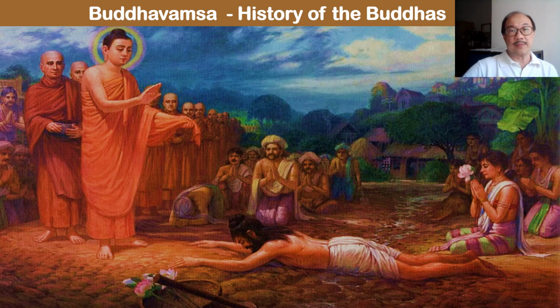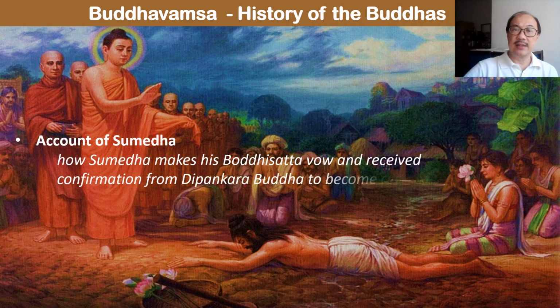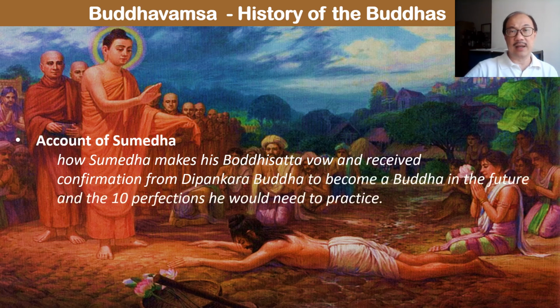Buddhavamsa, also known as the lineage of the Buddhas, describes the account of Sumedha, that tells the life of Sumedha, our Buddha in his previous life, how he made his bodhisattva vow, and how he received confirmation from Dipankara Buddha to become a Buddha in the future by the name Sakyamuni, and the 10 perfections that he would need to practice.